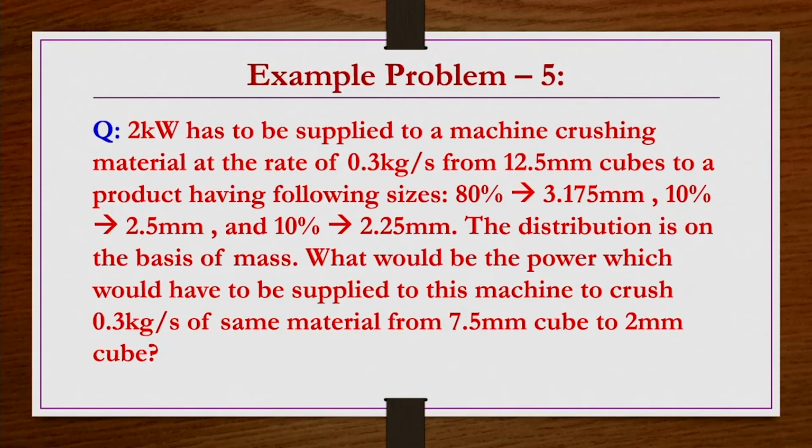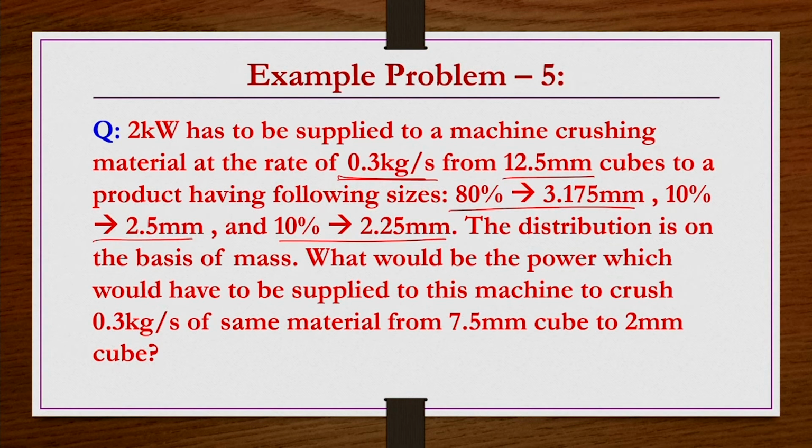Okay. So now we take one more example problem so that we can understand clearly here. 2 kilowatt has to be supplied to a machine crushing a material at the rate of 0.3 kg per second from 12.5 mm cubes to a product having 80% of 3.175 mm, 10% of 2.5 mm size, and the remaining 10% of 2.25 mm size.